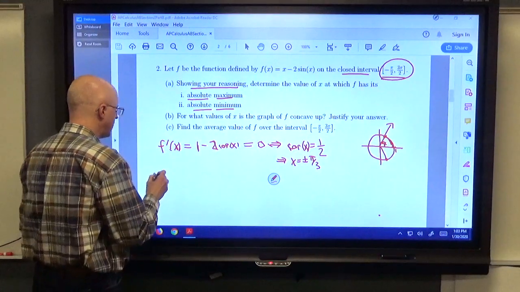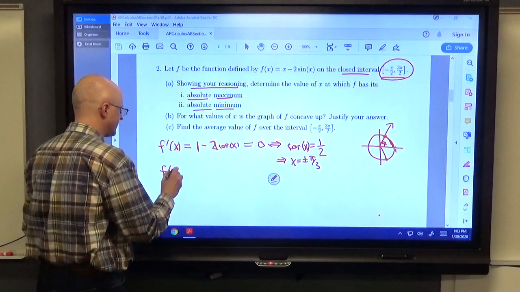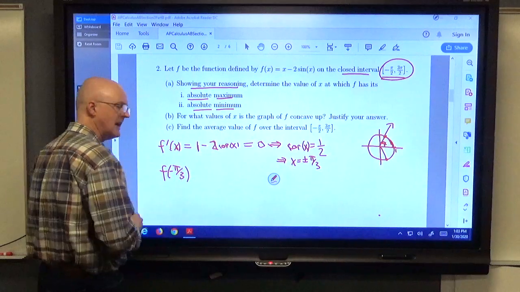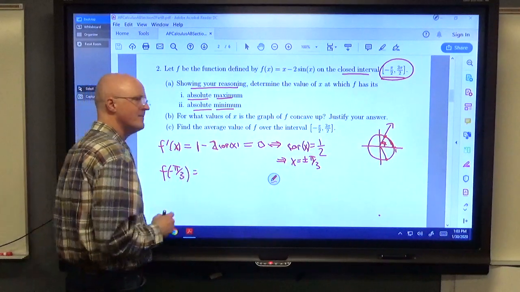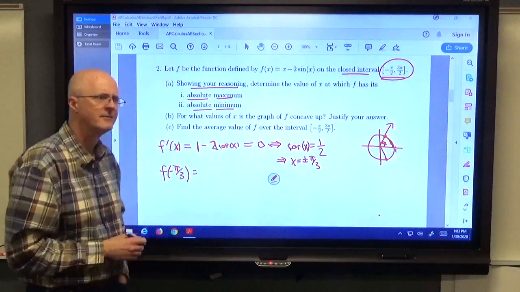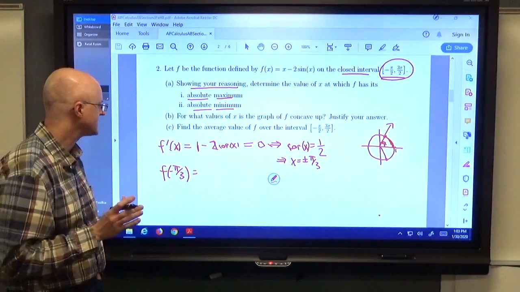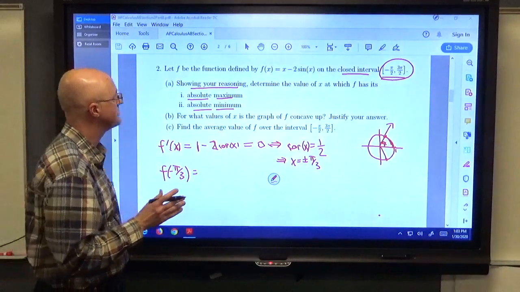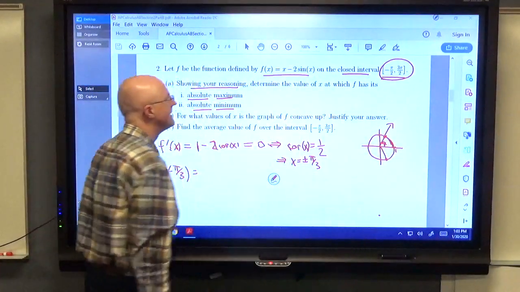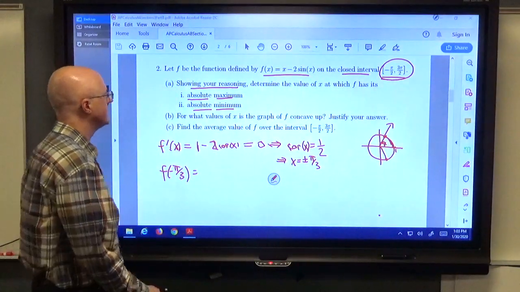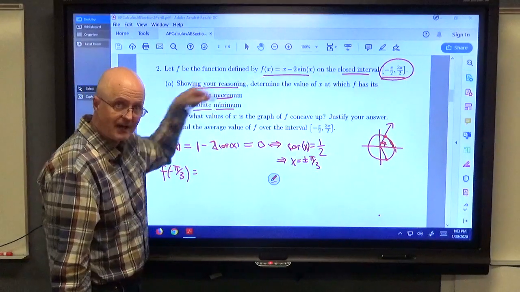So now we need to evaluate the function value at the critical points and at the endpoints. Now this is a bit of a pain, you might say, without a calculator. And it's going to feel a little bit uncertain as far as approximations go. You kind of got to just do your best. It's something you technically should be able to do. So we're plugging into the original function, not the derivative.